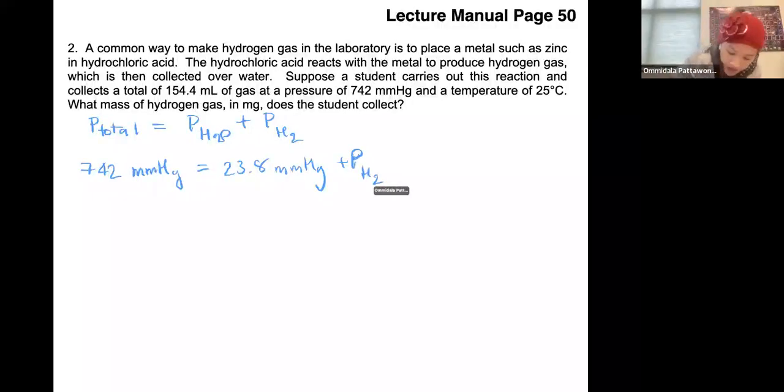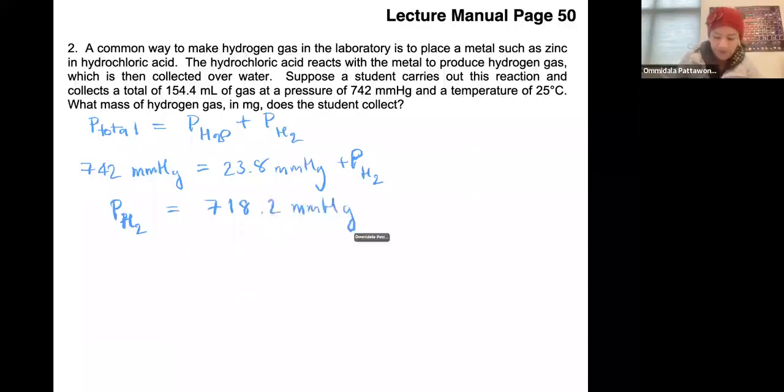If you solve for this, you get the partial pressure of hydrogen gas equal to 718.2 millimeters of mercury. Now the next thing we are going to do is plug this into PV = nRT.